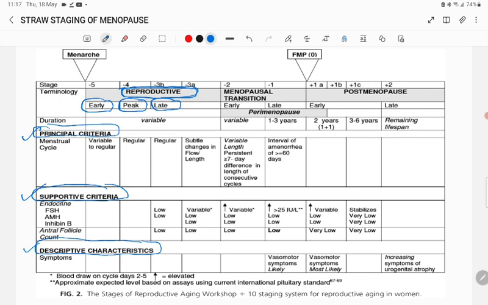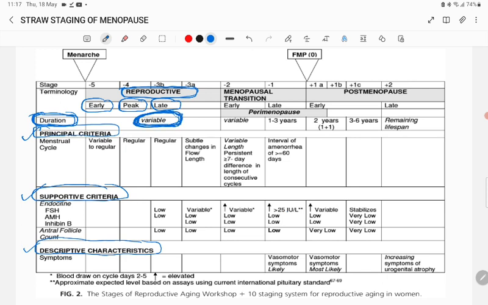Okay, then the duration of each stage in the reproductive age group is variable. It depends on when the menarche was attained and when the menopause was attained. Depending on that, the duration of the whole reproductive age is variable.